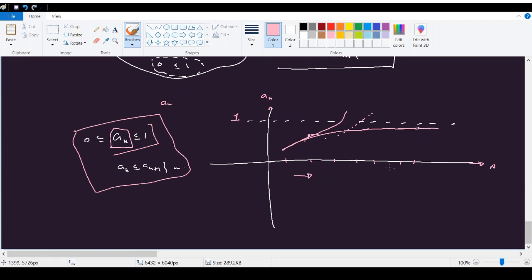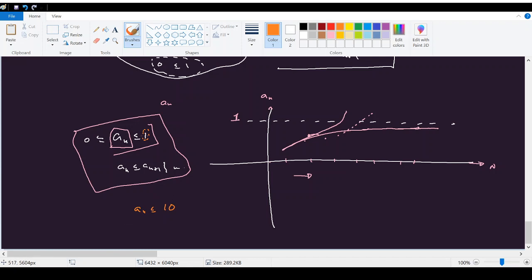But the thing is, you have to extract the data correctly when you state these theorems, because instead of considering 1 as the upper bound, we can even take another number greater than 1 as the upper bound.